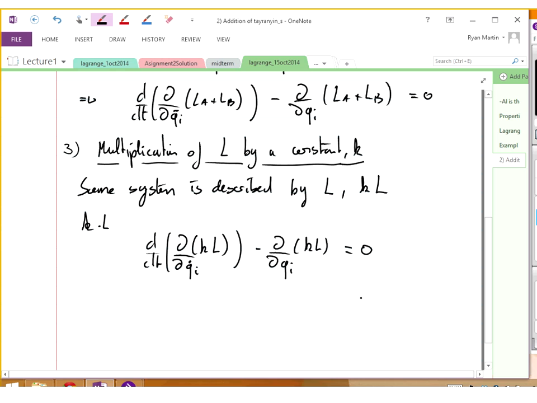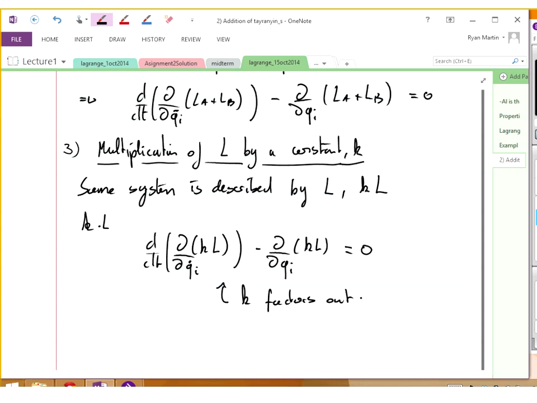And you agree that the K factors out. And since it's equal to 0, the K can just be removed. So if you multiply the whole Lagrangian by a constant, then that does not affect the equations of motion. And we did a specific example last time where we found that, at least for a free particle, that constant is related to what we define as mass.